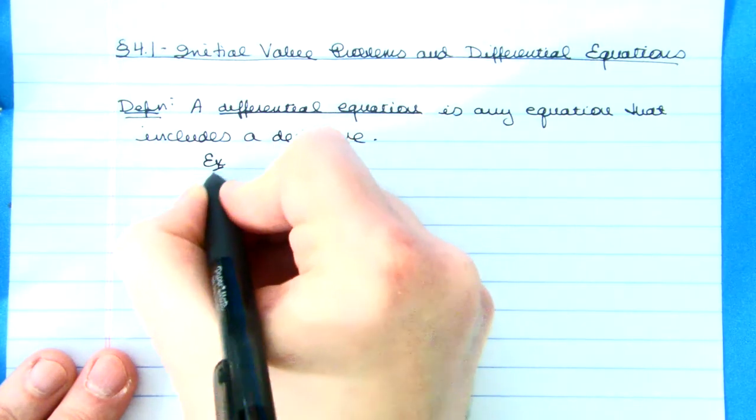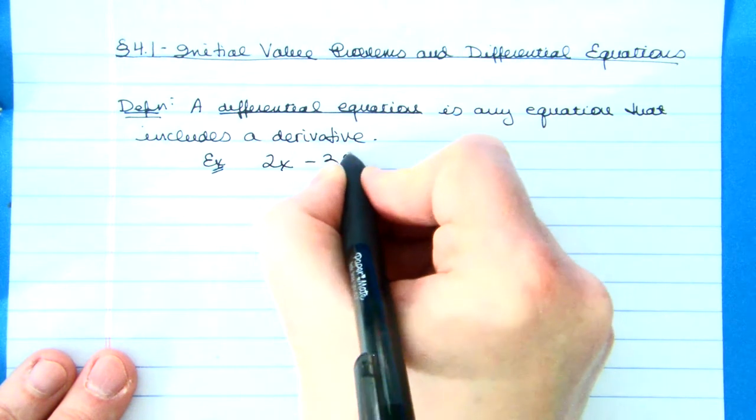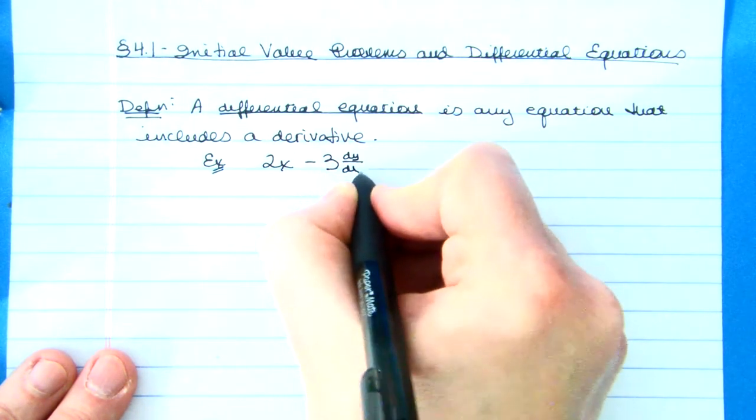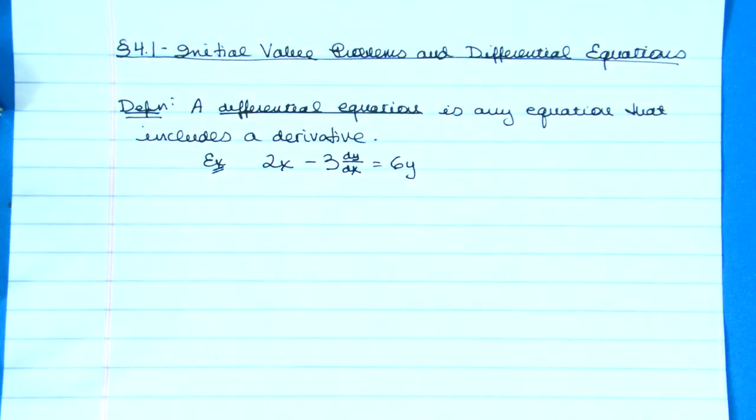So for example, if I give you 2x minus 3 dy dx equals 6y, that is an example of a differential equation. I'll pause so you can copy that down.